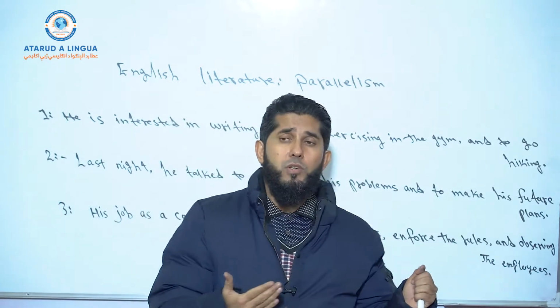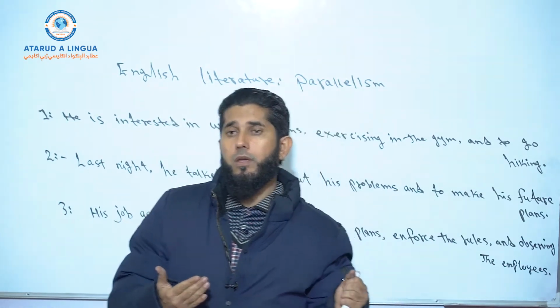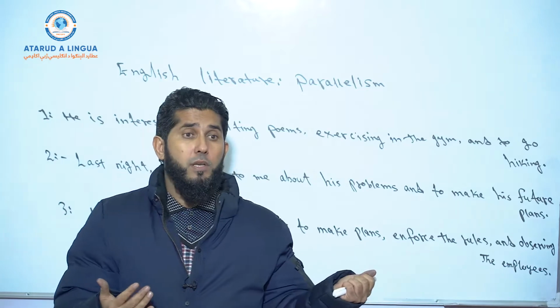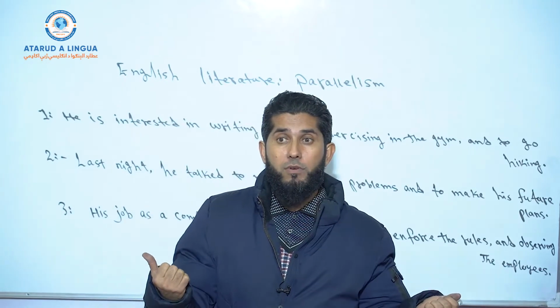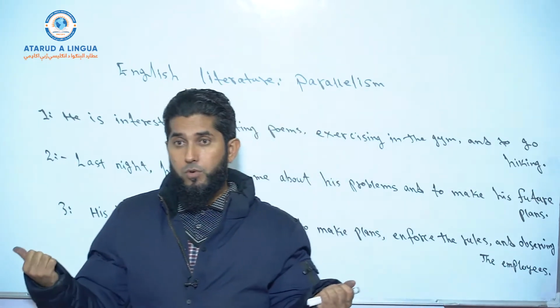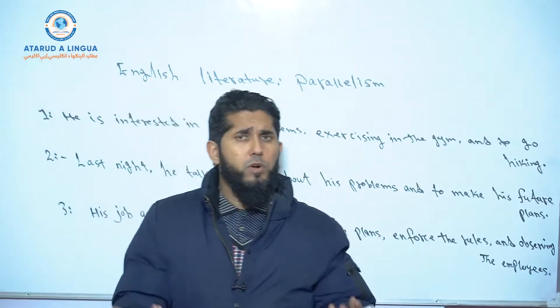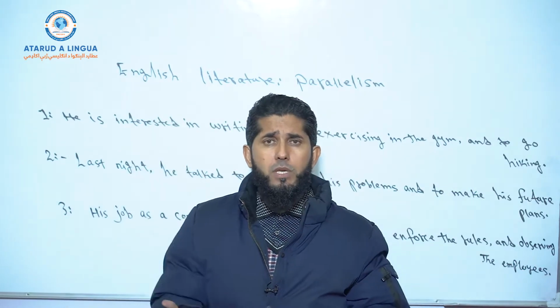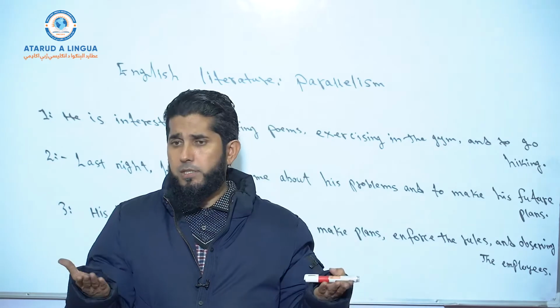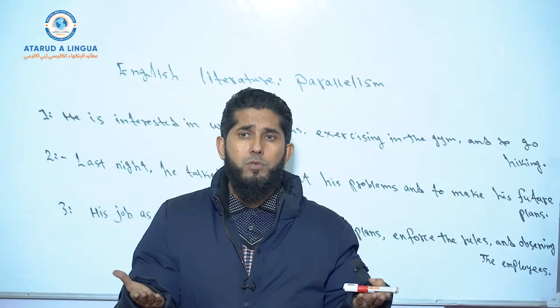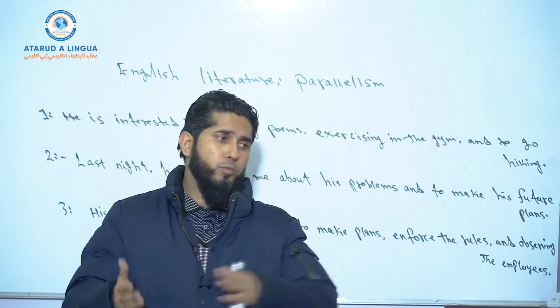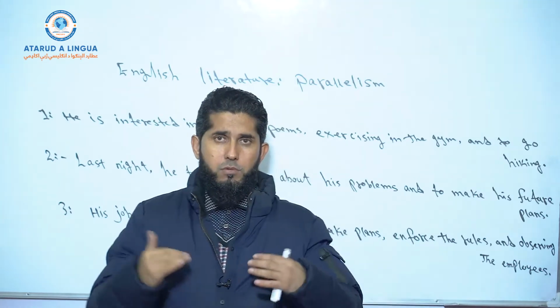Before conjunction you have, for example, a noun or noun phrase, and after conjunction you have a prepositional phrase, for example. Okay, so in simple words, parallelism means equality, bringing the same items to both parts of conjunctions in your sentences.